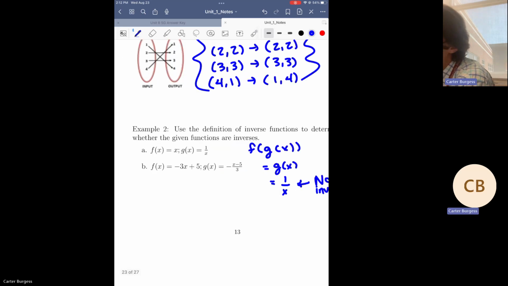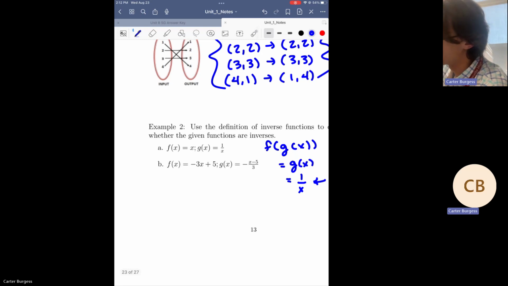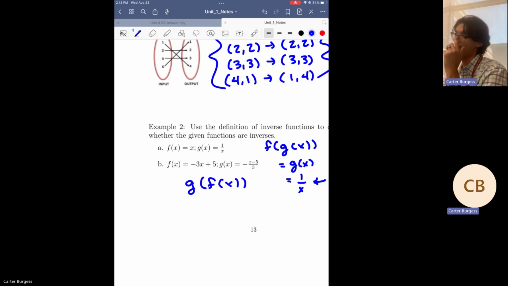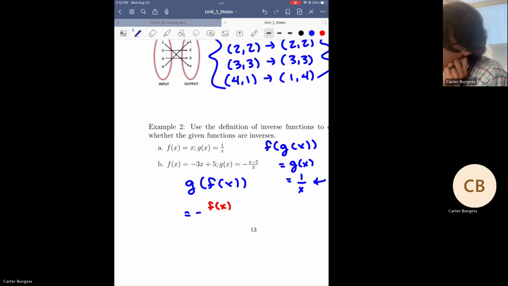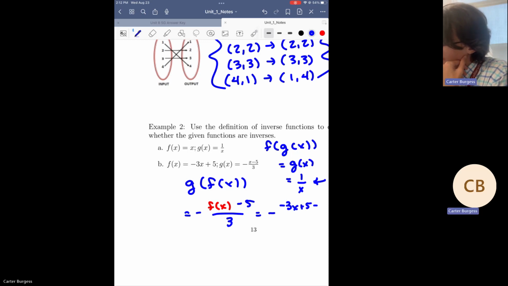Okay. What about for B here? What happens when we compose them? Well, let's maybe try g of f of x. In this case, the order shouldn't matter. You should always end up with x if they are inverses. So in this case, taking g, this is negative, and instead of x, we are going to have f of x, minus 5 over 3. Well, f of x is just negative 3x plus 5, so this is equal to negative 3x plus 5 minus 5 divided by 3.